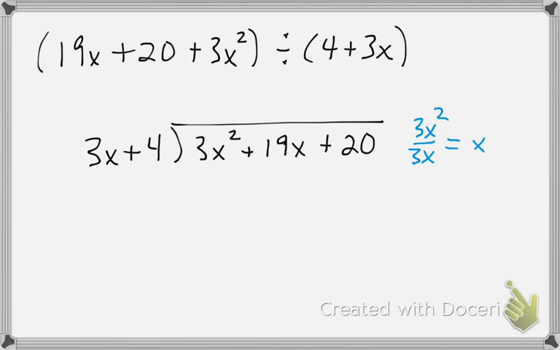So where do I put it? In the x column. And then what do I write below? You tell me what to write below. 3x squared and a positive 4x. You guys agree? And then what? Flip the signs.